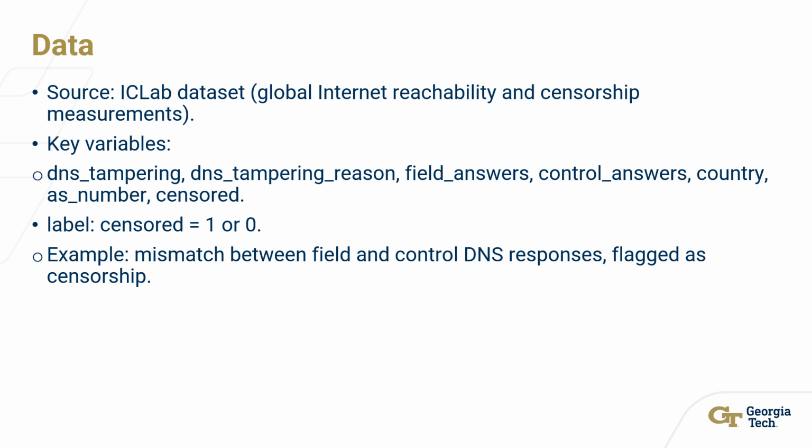Okay, so onto the data section. As I mentioned just now, we are using the IC Lab dataset, which collects internet reachability measurements around the world. This includes certain key variables, including DNS tampering indicators, domain names, and so forth.